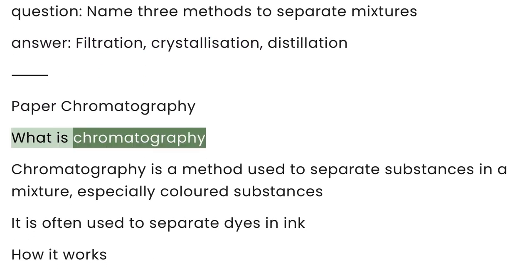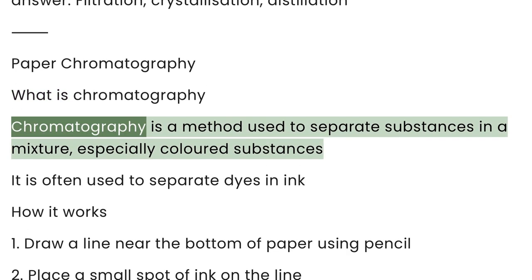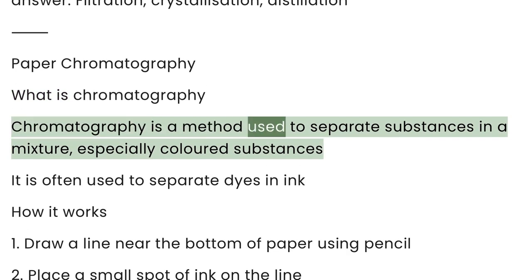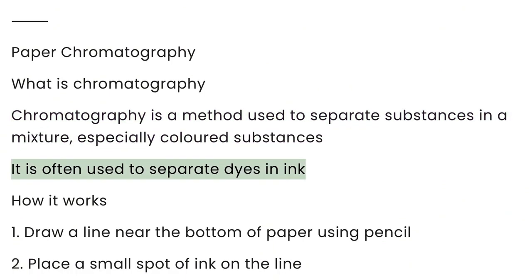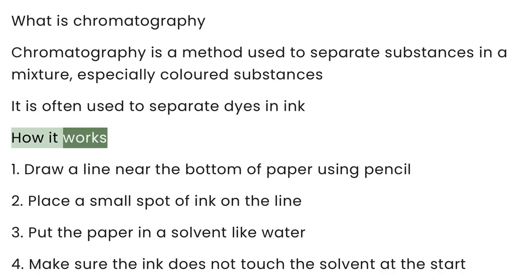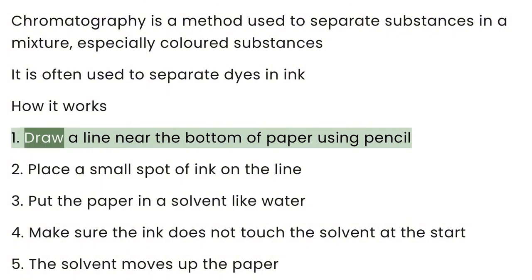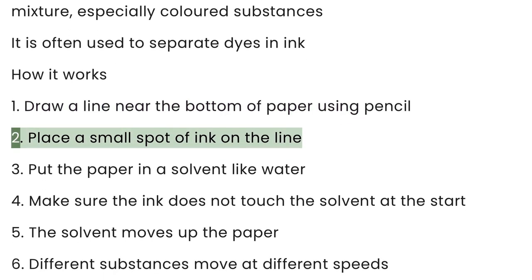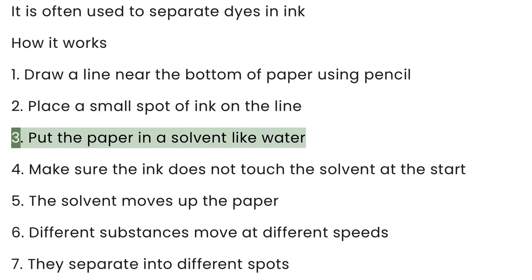What is chromatography? Chromatography is a method used to separate substances in a mixture, especially colored substances. It is often used to separate dyes in ink. How it works: 1. Draw a line near the bottom of paper using pencil. 2. Place a small spot of ink on the line. 3.